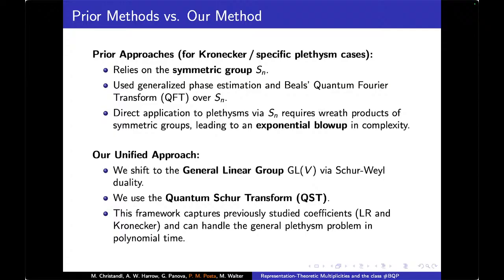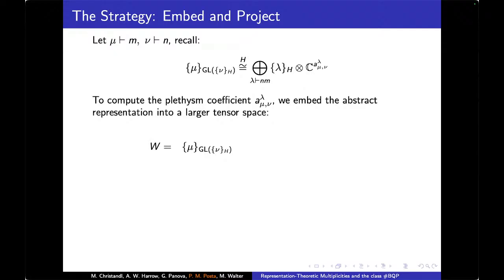Okay. And so let's look a bit at how we actually do it. So first, some notation. Mu is now a partition of M, and nu is a partition of N, as it should be. And what we have is this, and we want this to be the witness space.